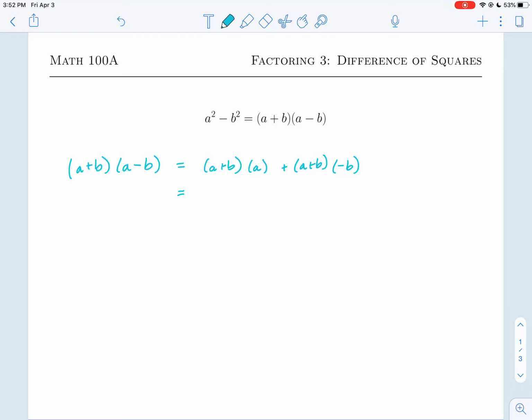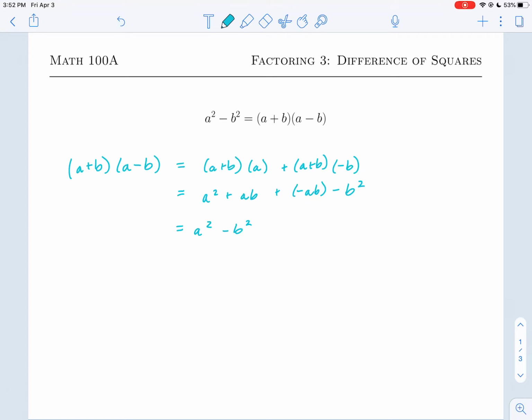Using the distributive property again, I'll get out an a squared plus ab from the left side, and I'll get a negative ab minus b squared from that right side. And you'll actually notice, right, if I have that positive ab and that negative ab, I add them together, they'll cancel out. All I'll be left with is that a squared minus b squared.